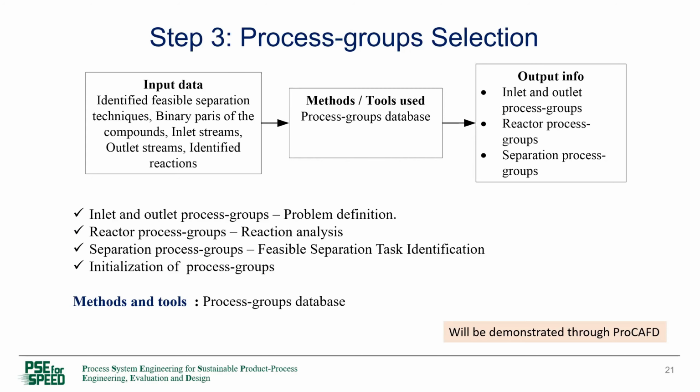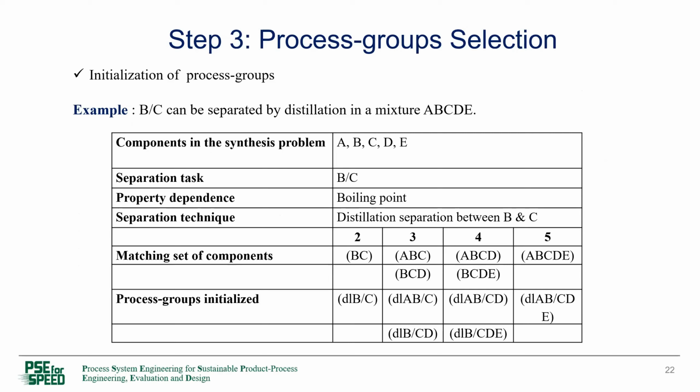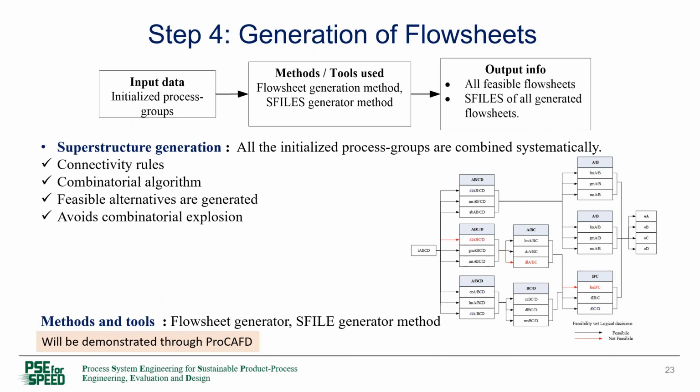And here is an example. What it says is that there is a possible separation of B and C. There is a possible separation of ABC, ABCD, ABCDE. So for each of those separation of compounds, we have the corresponding process groups. And then the structure of the superstructure is what you see in the diagram on the right-hand side.